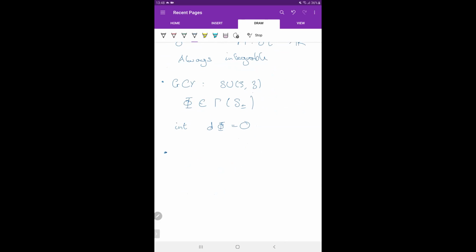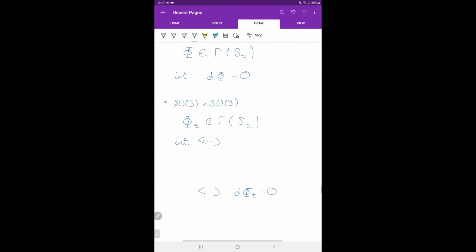And finally, one that's often used, and you see a lot in ODD generalized geometry papers, is an SU3 cross SU3 structure. And these are defined by two generalized spinors of opposite chirality. So you need one even polyform and one odd polyform. And again, this is integrable if and only if both of them are closed under this exterior derivative.